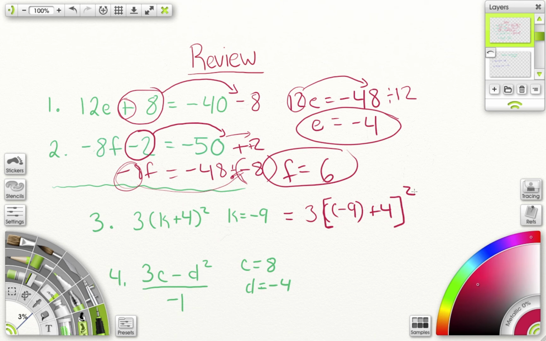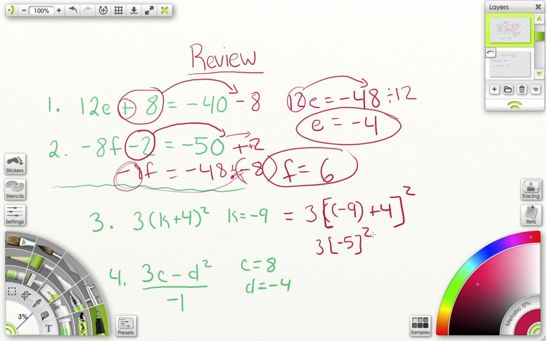All right, -9 plus 4 equals -5. So I have 3 and then -5 squared. -5 to the power of 2 is my next step. Remember, we have to follow the operations of BEDMAS.